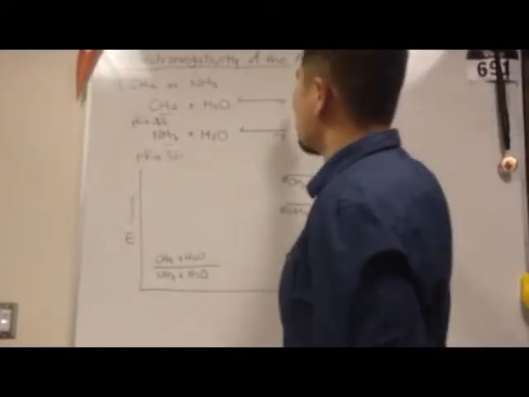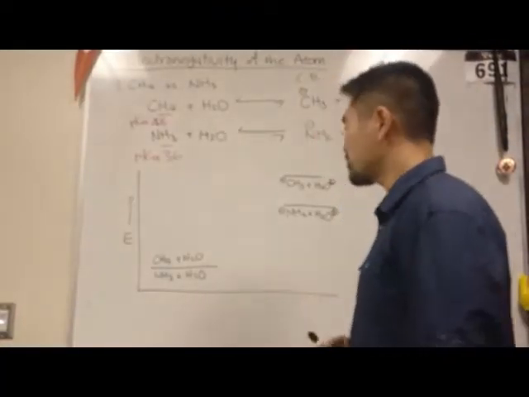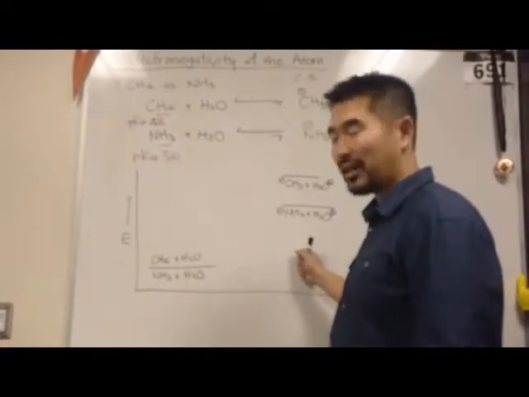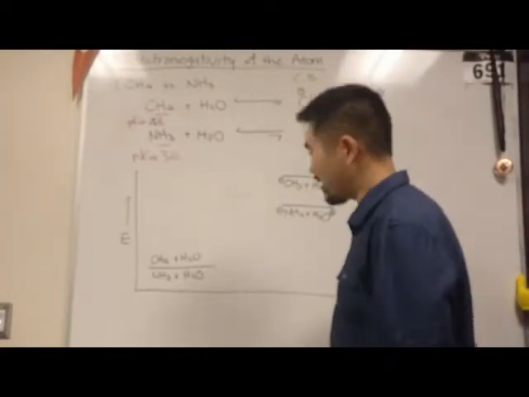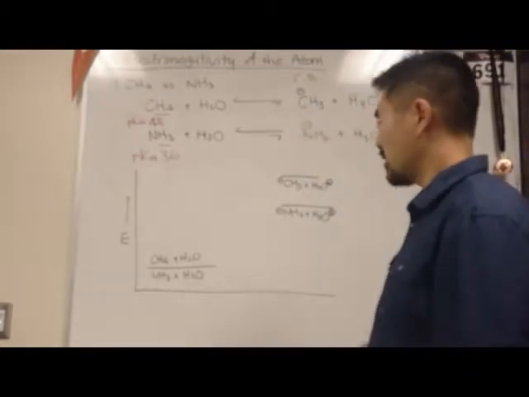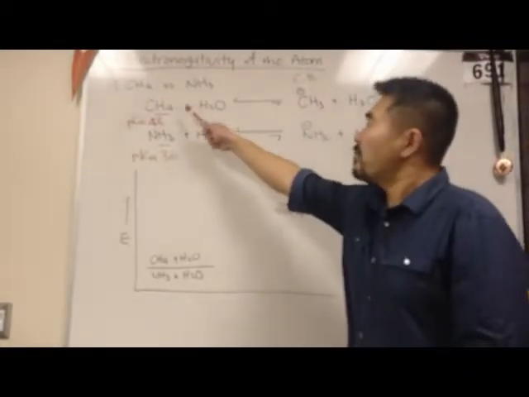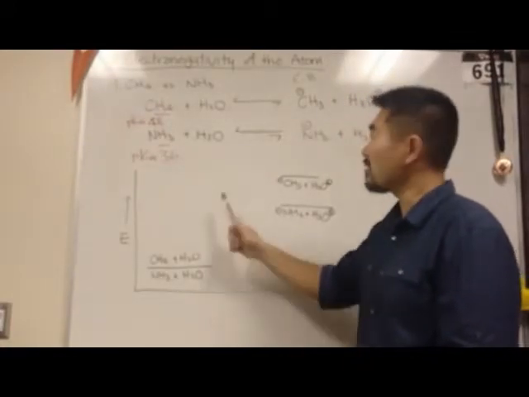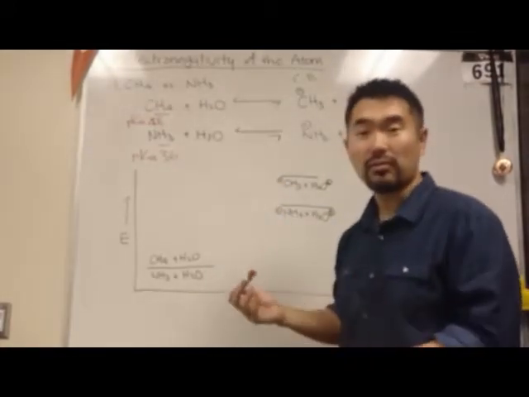So to compare these two reactions that we just talked about using a reaction energy diagram, or reaction coordinate diagram as it's sometimes called, it would look like this. I put both pairs of reactants basically at the same energy level because both of these pairs are neutral.